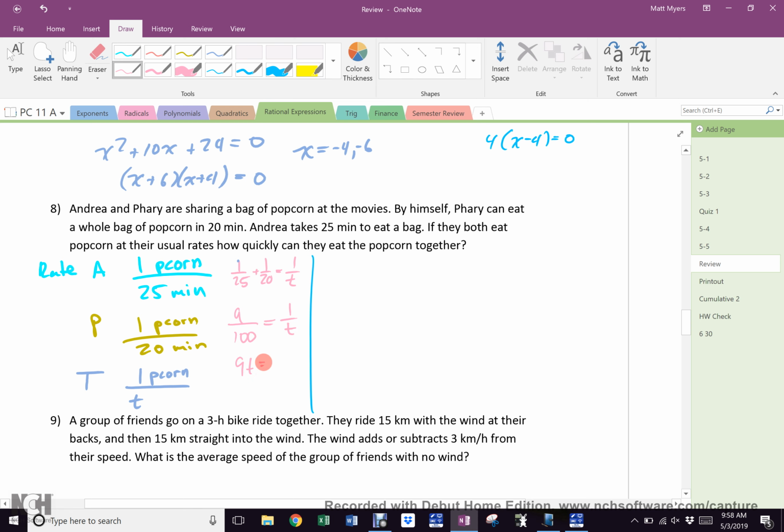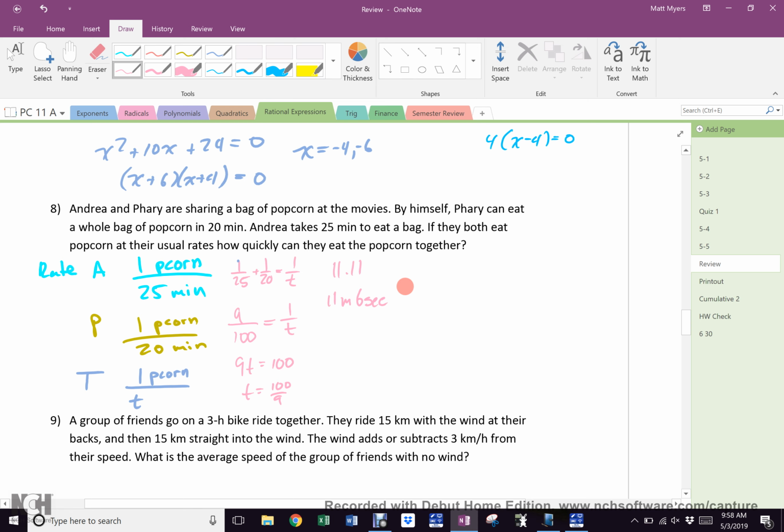Now, 9t equals 100, and t equals 100 over 9. Is that a time? Make it a time. It's 11:11 forever, right? 11:11, make a wish. 11 minutes, 6 seconds.